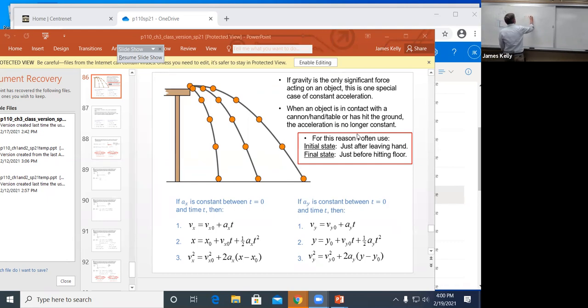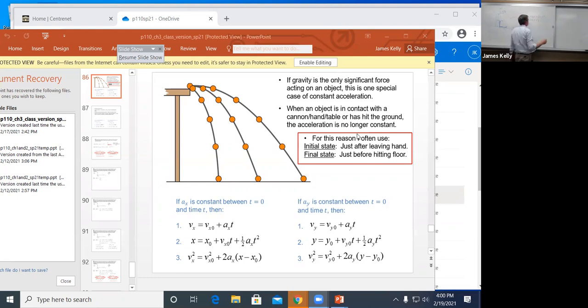Y equals Y0 plus Vy0 t plus 1/2 AY t squared. In my coordinate system, Y final is 0. Y initial is 1.6. I'm suppressing the units because we have everything in SI units. Vy initial is 0, so I don't really care about that term.